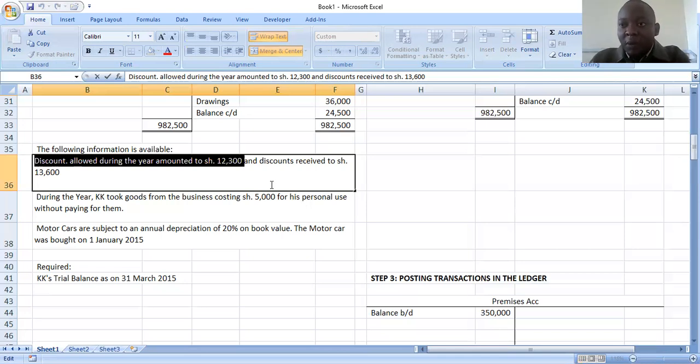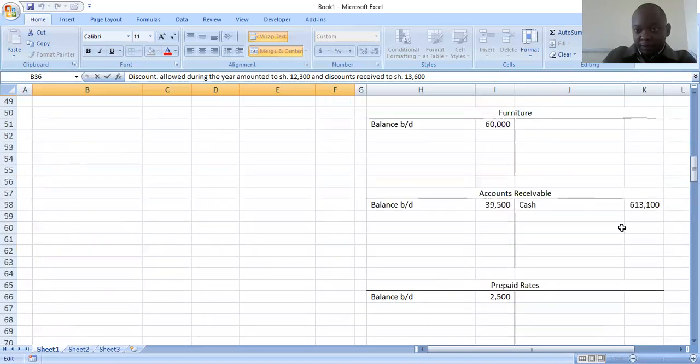It means that I will therefore owe you 100 shillings: the 200 shillings that I had owed you minus the discount of 100 shillings. So my account has been reduced by the discount. The discount allowed will reduce the customer's or the debtor's account, and in our case here, it will reduce the accounts receivable account.